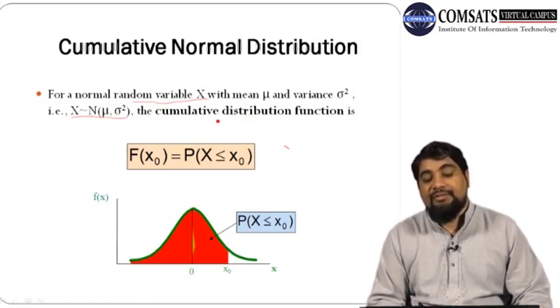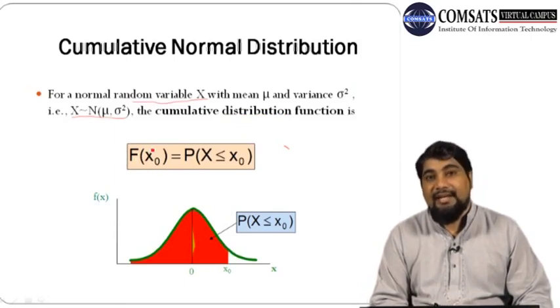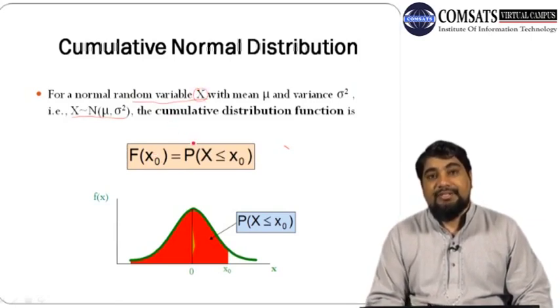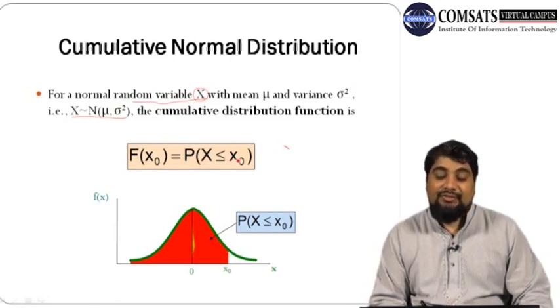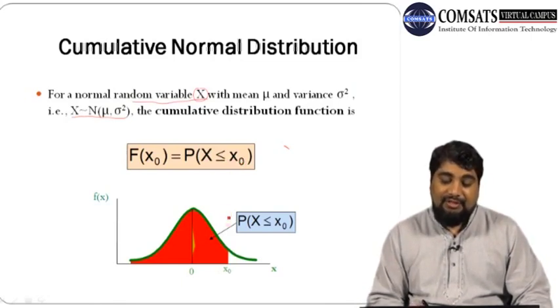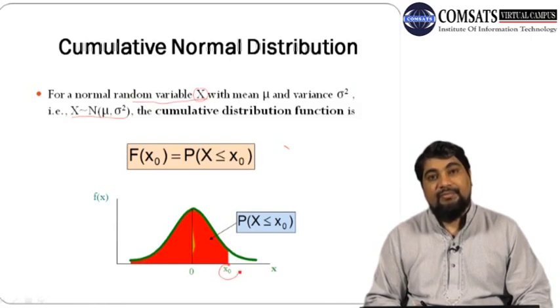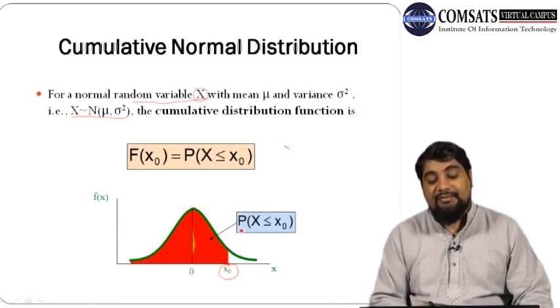Then the cumulative distribution function or CDF of x is defined as F of x naught, where x naught is any value of random variable x. It is equal to the probability that the random variable is less than or equal to this value. Let us look at this diagram. Here we have the bell-shaped curve, and suppose here is the point x naught. CDF at point x naught is the probability that x is less than or equal to this point.